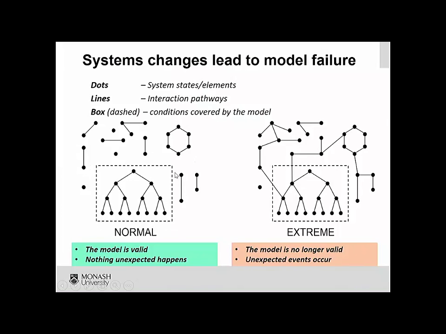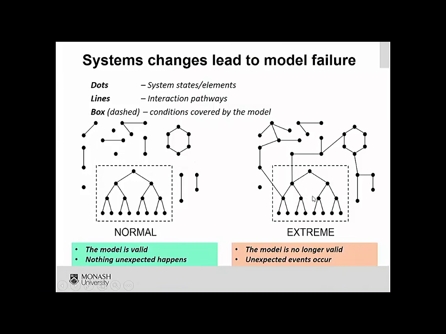We only cover this part and not other kinds of states and interactions because we don't know everything about the system. But if we keep transitioning from one place to the other, it fits perfectly within our model, because we can't escape from the part which is modelled. So in normal behaviour, nothing unexpected happens. Everything's sitting inside this model here.